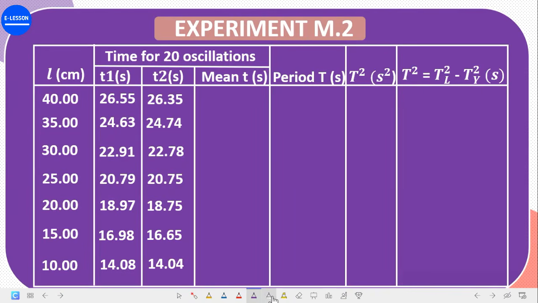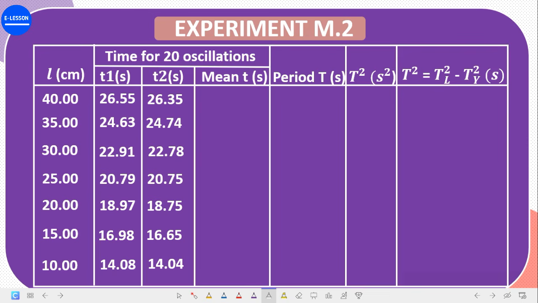Now to complete the table, first of all we have to find the mean of everything here. I told you that the mean just means add T1 plus T2 divided by 2 to give us the mean. Then the period will be divided by the number of oscillations. So let's go together as we do all at once. For the first one, we have 26.55 plus 26.35 divided by 2.